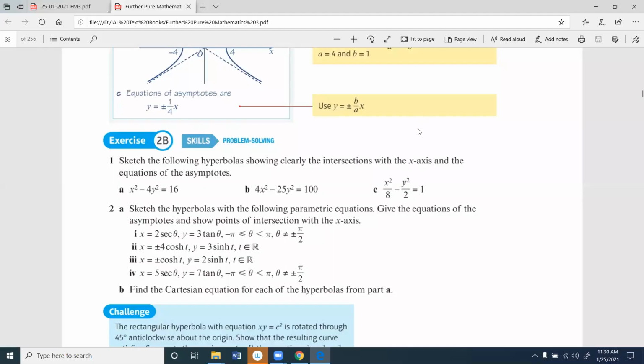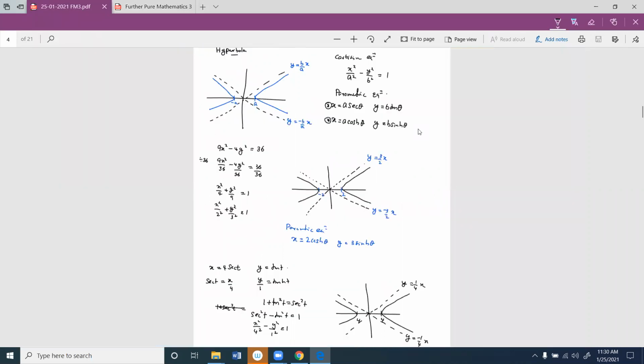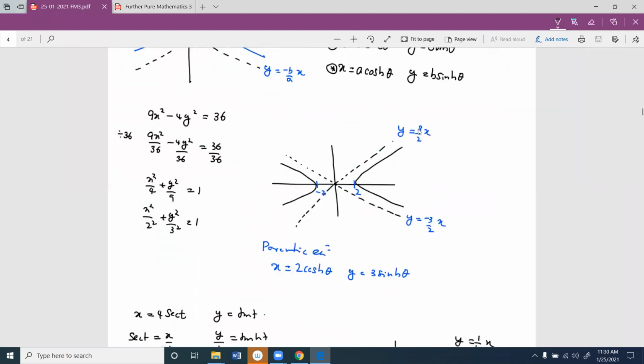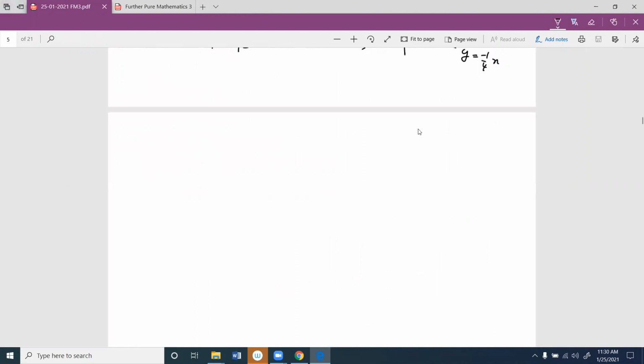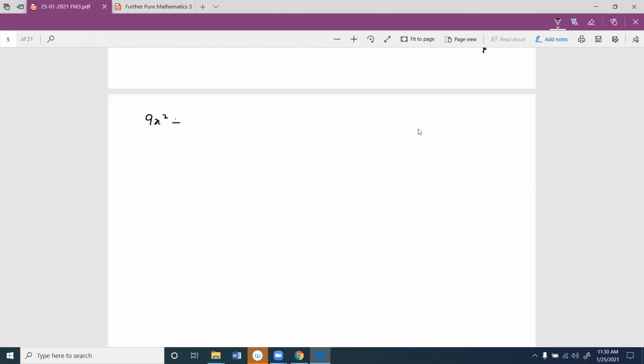When you come up with these questions, you can see we need to find the hyperbolic parametric equation. Divide everything by 16: x squared minus 4y squared equals 16. If you need to find this kind of question, we'll get 9x squared plus 16y squared equals 25.